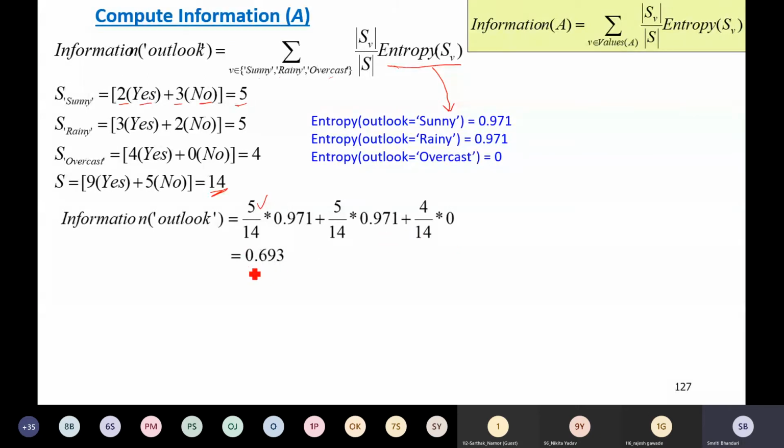So after substituting those values, the information for outlook that we get is 0.693.